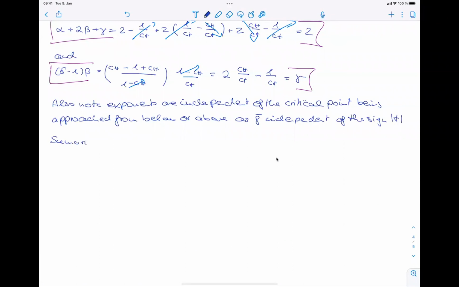So in summary, we have that the calculation of the eigenvalues of our matrix A, which is the linearization around the fixed point of our RG transformation, will give us all the critical exponents corresponding to that fixed point.